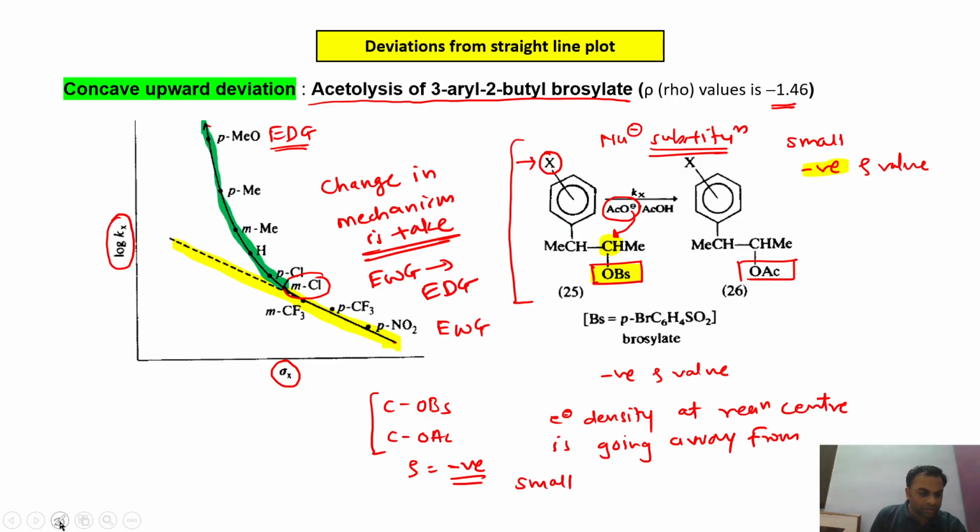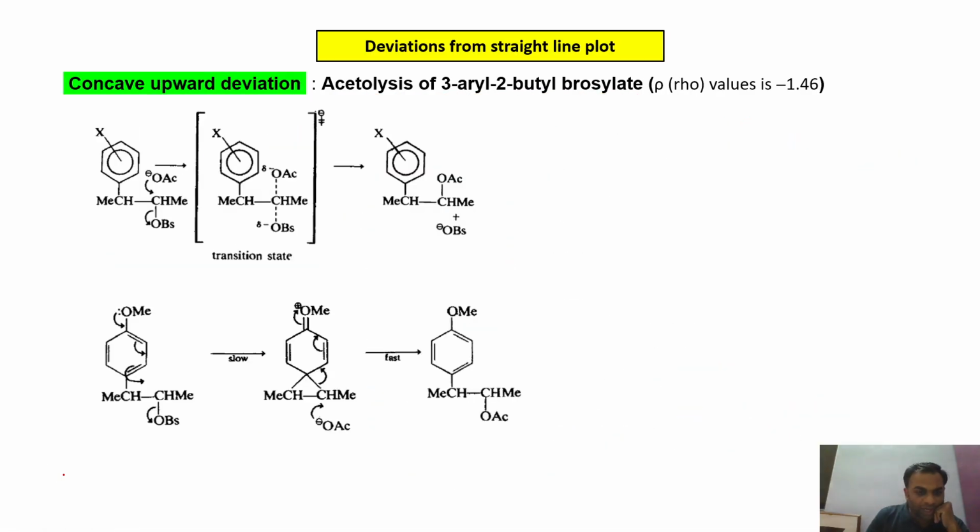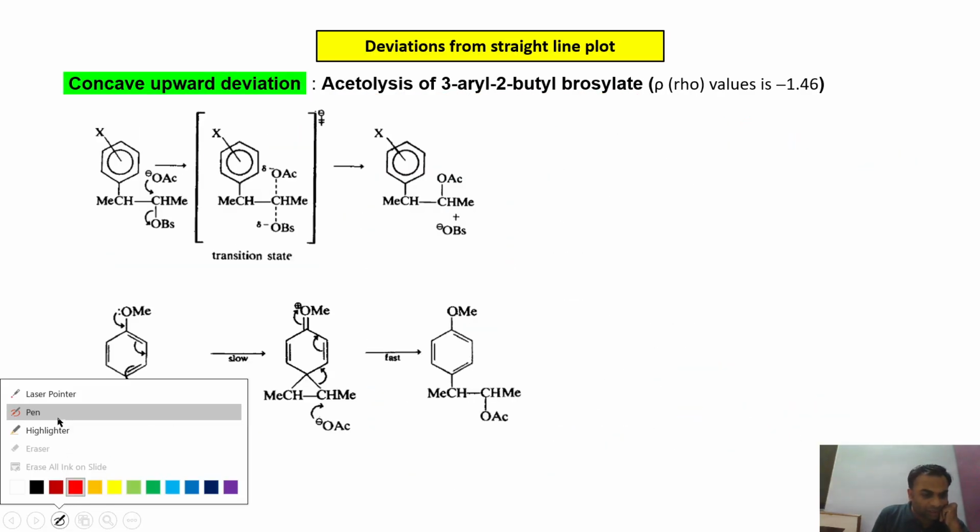Now, what is the possibility of the mechanism change? Here two types of mechanisms are possible.